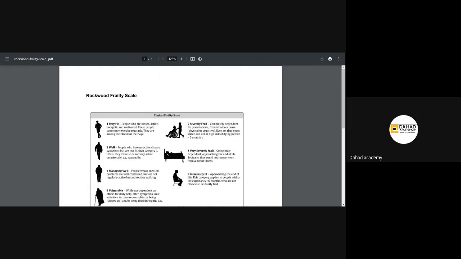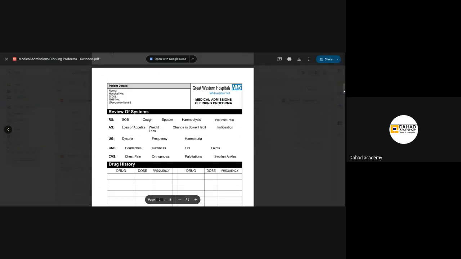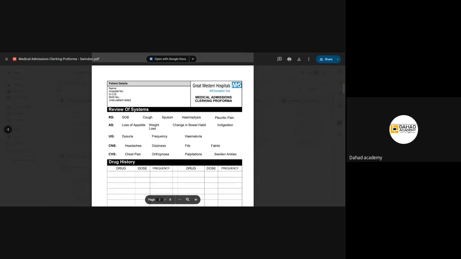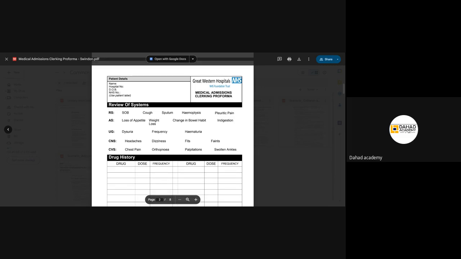All right. Okay. So let's go back to the clerking sheet. So it is something you should mention in the clerking sheet: what do you think the patient is? And this you will ask when you are taking the social history from him or from the collaterals, about who he lives with, and is he in a care home, is he in his own house, and if he is in his own house, how many carers he has, and who helps him with everything, like shopping, washing, bathing.